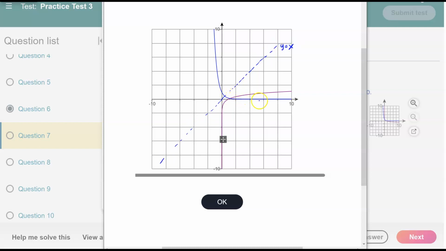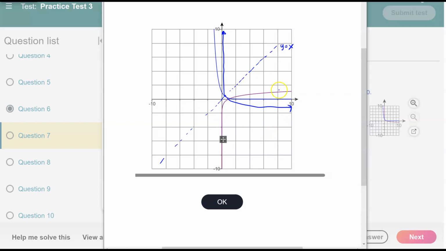So this blue curve here, when reflected along that line, as you notice, approaches your x-axis. Therefore, its reflection should approach the y-axis, right? And this part of the curve here, when reflected along that line, would actually go here, like that, okay?